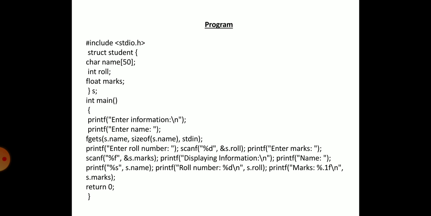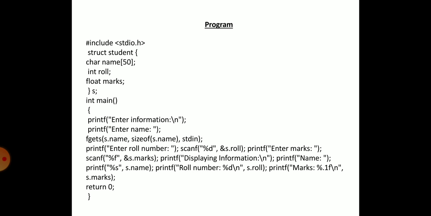Immediately following that is an opening brace, and within it we declare all the members of the structure: char name of 50, int roll number, float marks, and we have declared a variable for that structure, that is s. Here s is the variable declared of the structure type.